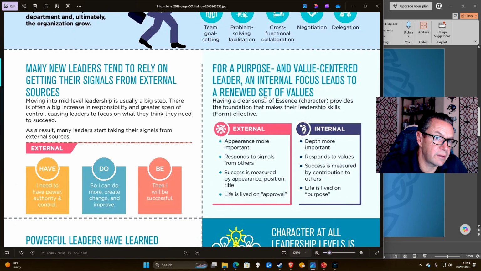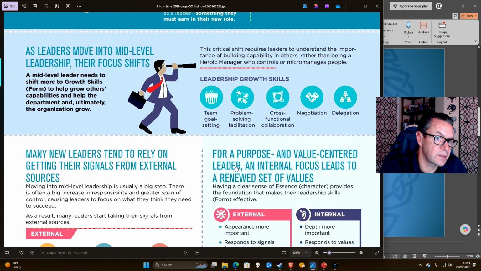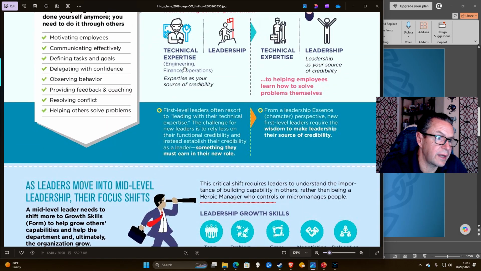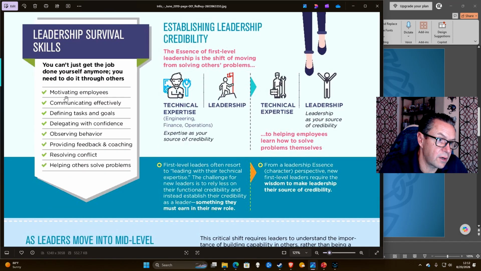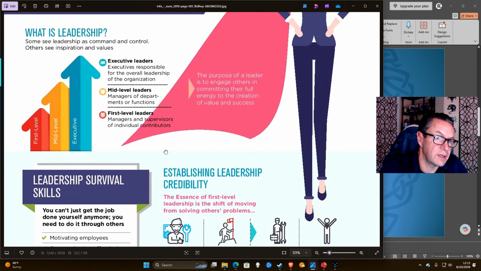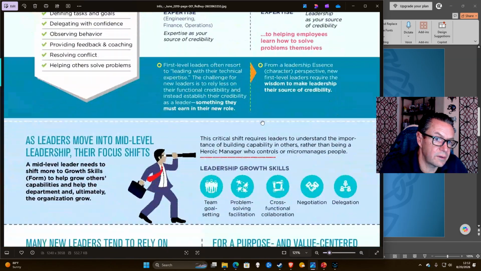I don't understand what this purpose and value-centered stuff means. These are good things that a leader should be able to do, but it doesn't matter what level you're at. These are key roles that a leader should do, and you should do them yourself. So this thing's got a bunch of internal conflicts, and I don't understand it.